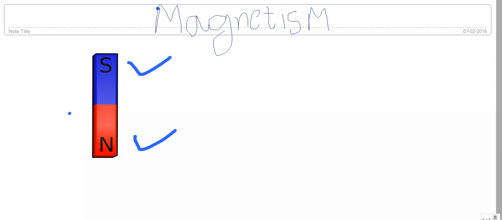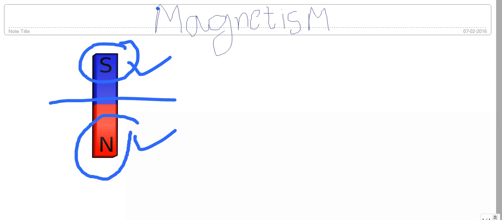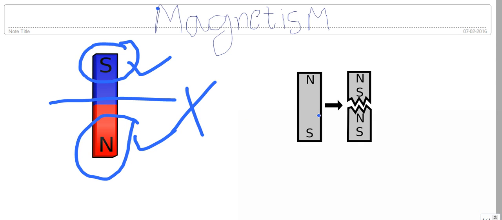Suppose I break the magnet into two pieces. Is it possible for me to get an individual south pole and an individual north pole? No, it's not possible, because when I cut the magnet into two pieces, the two pieces I get themselves act as individual magnets.